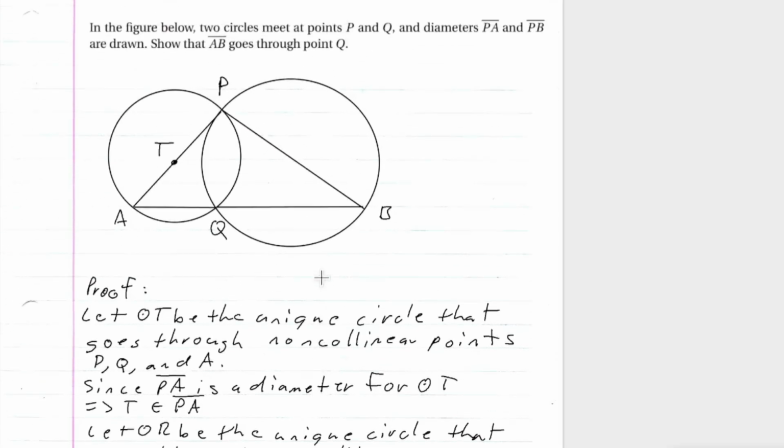So that means that R is going to be placed on PB.